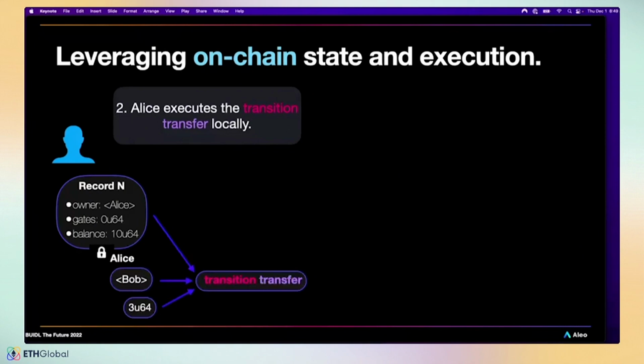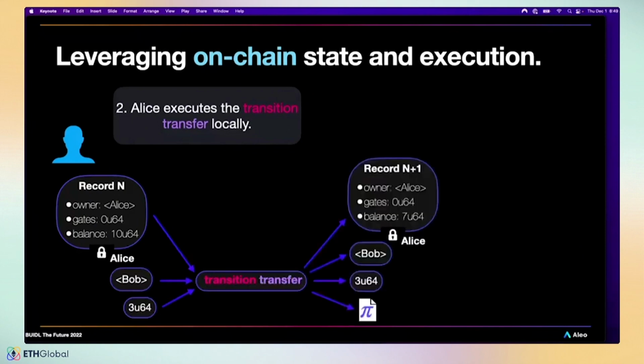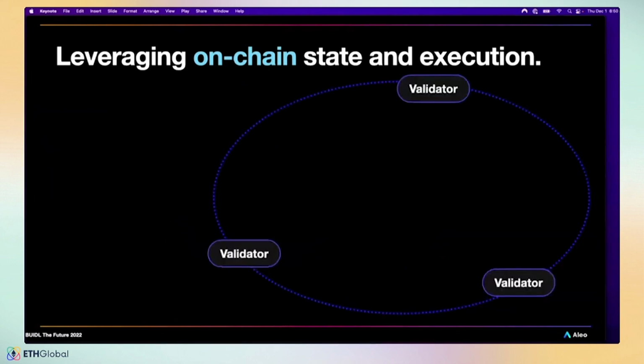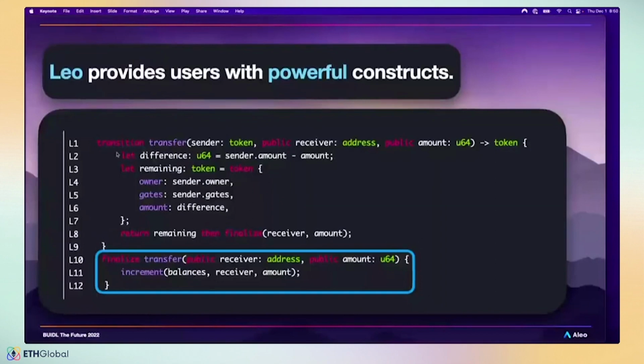To do that, she provides Bob's address as input, and the amount she'd like to send. The transition transfer produces a new record containing Alice's remaining balance and passes through the arguments to the finalize block. The transition also produces a proof. Note that this is all done locally, within the body of the transition. If we look at the original code here, everything that was just executed is from lines 2 to 8.